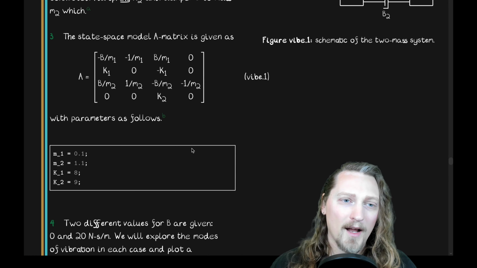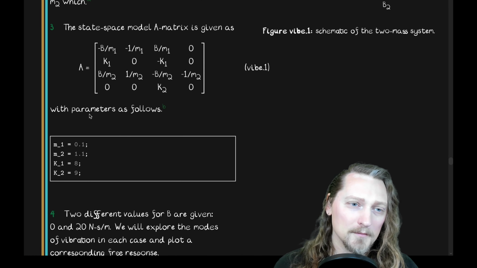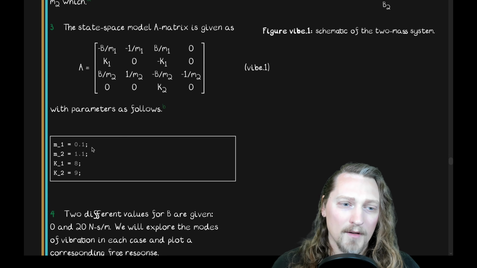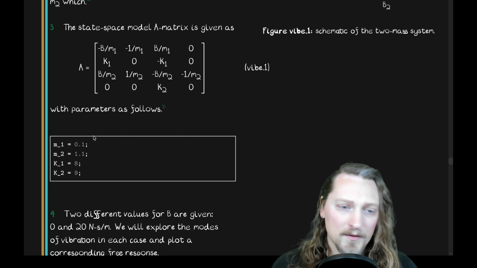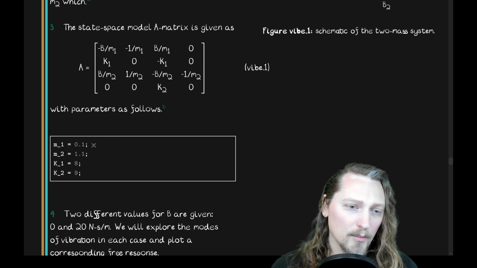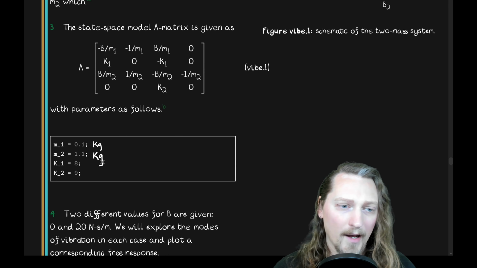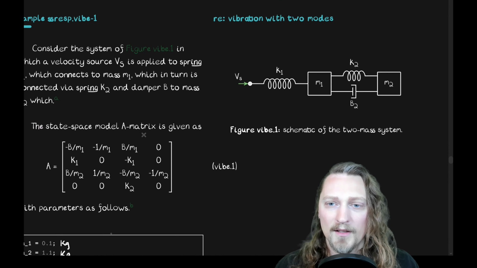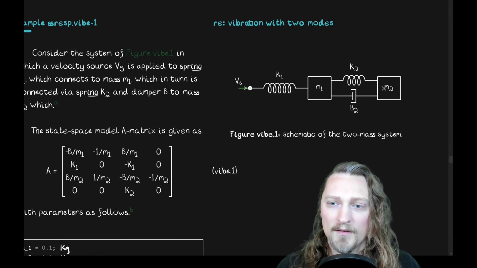All right, so the parameters in here are the mass M1, which is given as 0.1. We don't put units here, but as usual, we're probably working in kilograms. And mass 2 is much heavier, so mass 1 is around 10% the mass of mass 2.